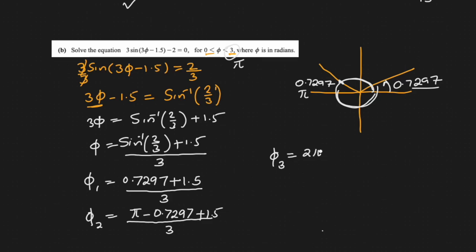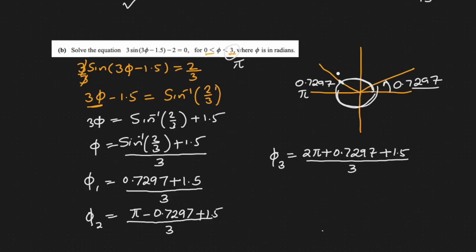So 2 pi plus 0.7297 plus 1.5 divided by 3. Okay, I can go to fourth one if this is a little far from 3. Okay, then I'll go to the fourth one. Means I'll go up to here again.